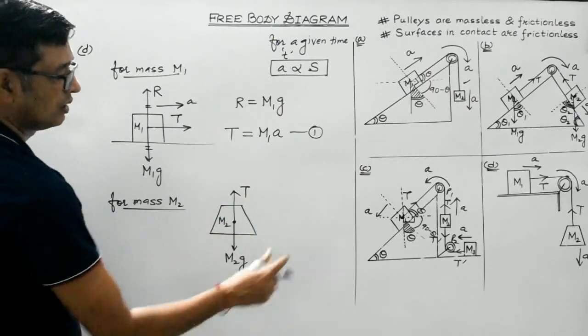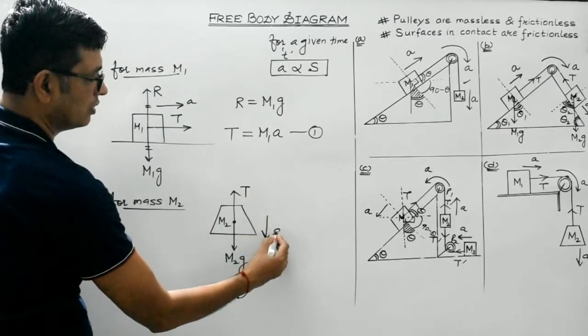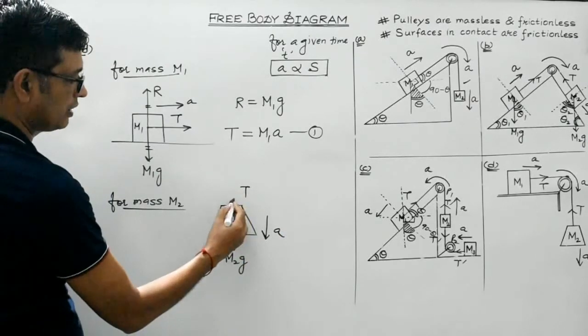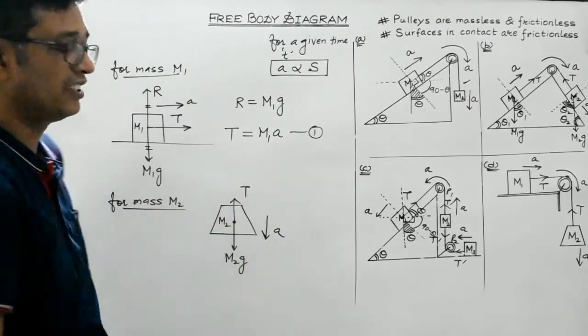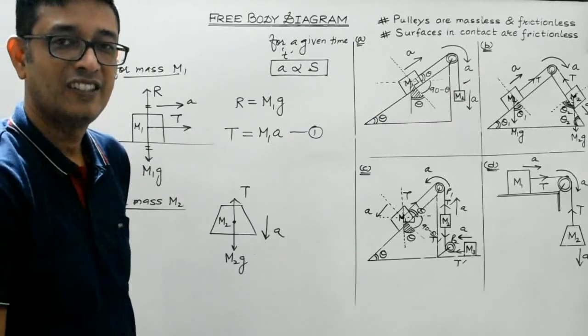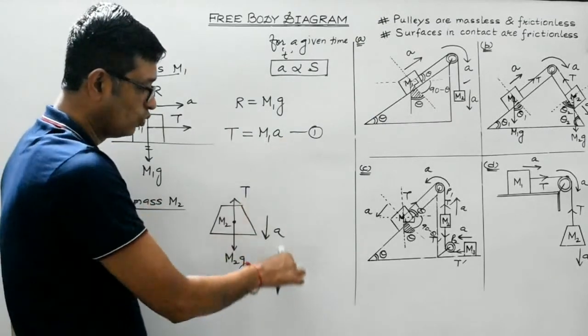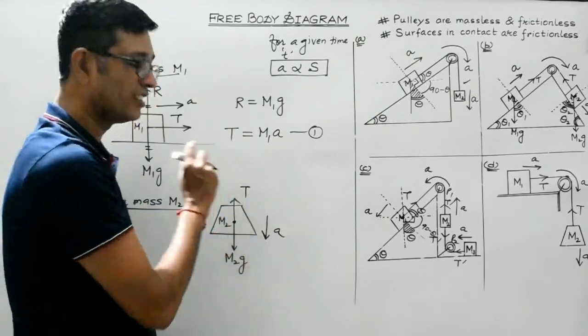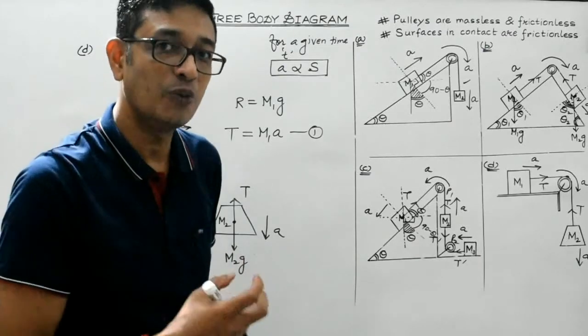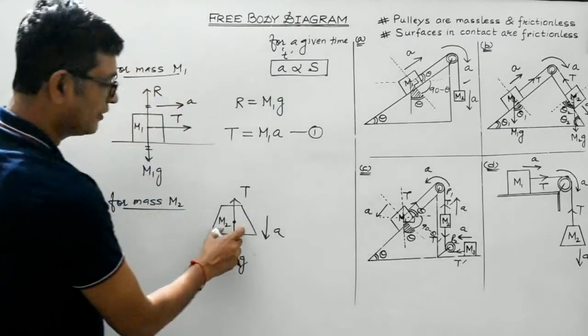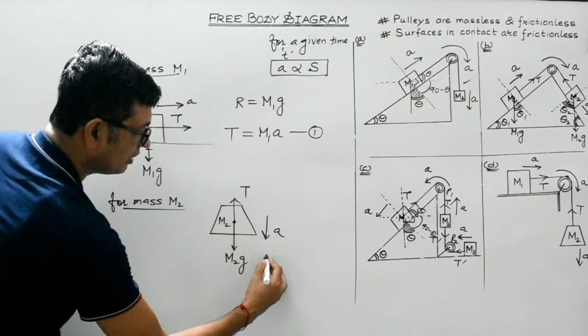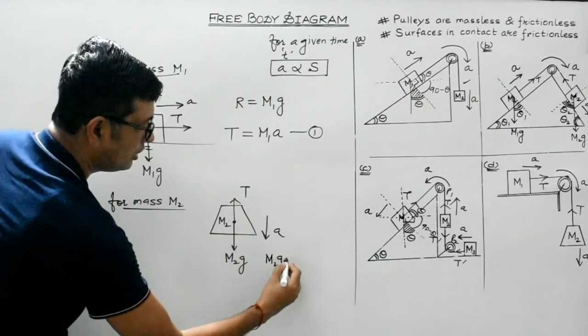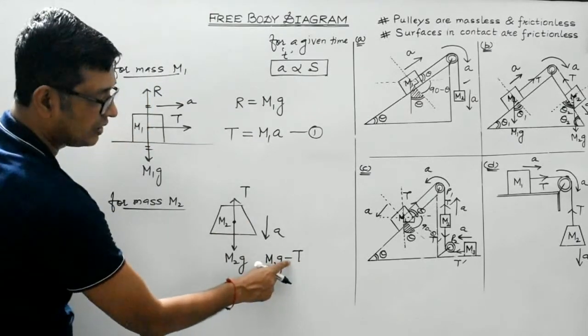And here, students, the body is getting accelerated downward. So definitely m2g must be greater than the tension, isn't it? So it is getting accelerated downward. So m2g must be greater than T. m2g must be the dominating one. So what is the net force acting on this body? It would be m2g minus T. Again, why this negative sign?